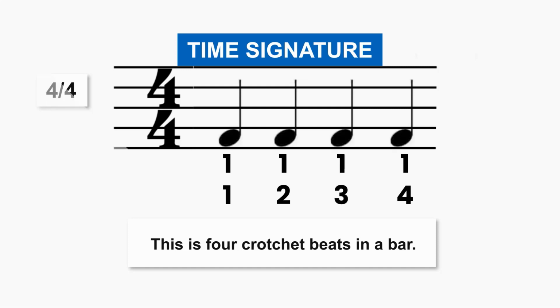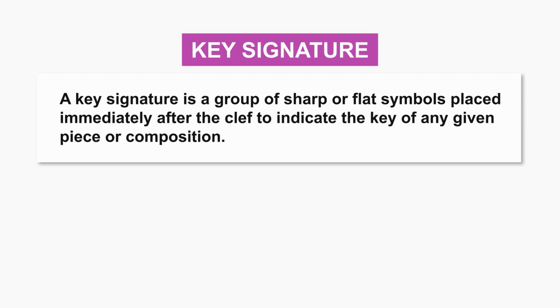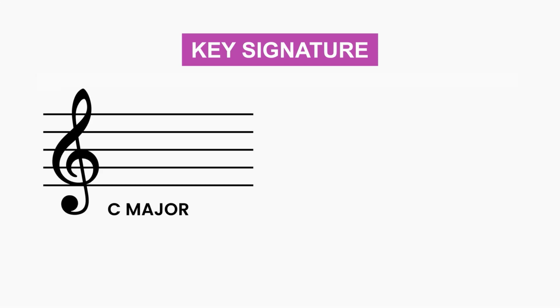A key signature is a group of sharp or flat symbols placed immediately after the clef to indicate the key of any given piece or composition. C major has no sharp, no flat.